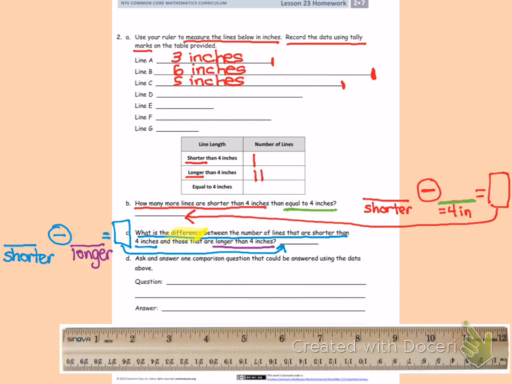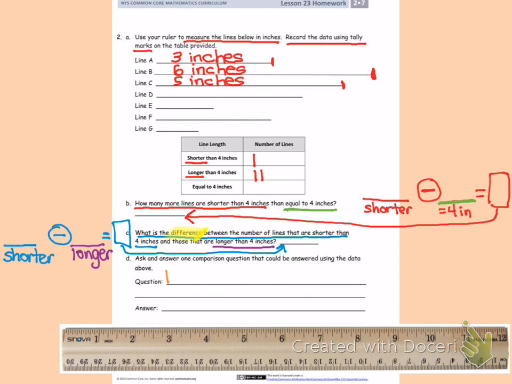We could write another comparison question just like this one, but instead of asking for how many more lines are shorter than 4 inches, we could say how many more lines are longer than 4 inches than equal to 4 inches. So let's do that now.